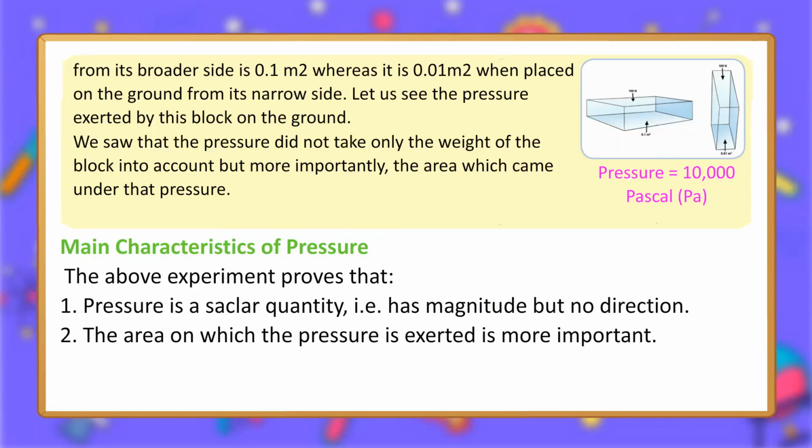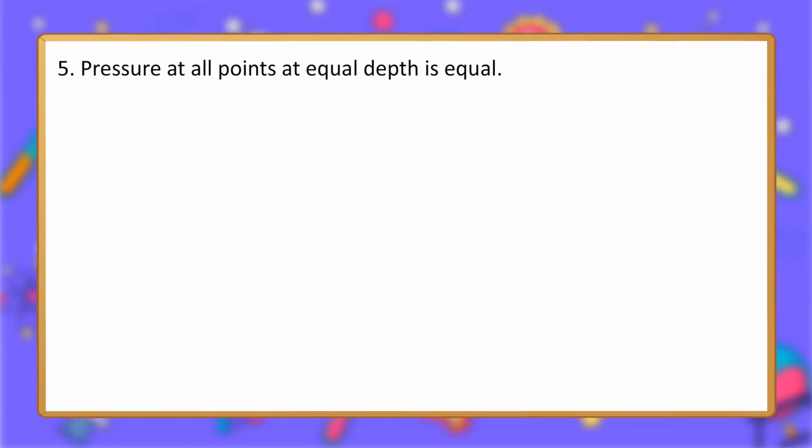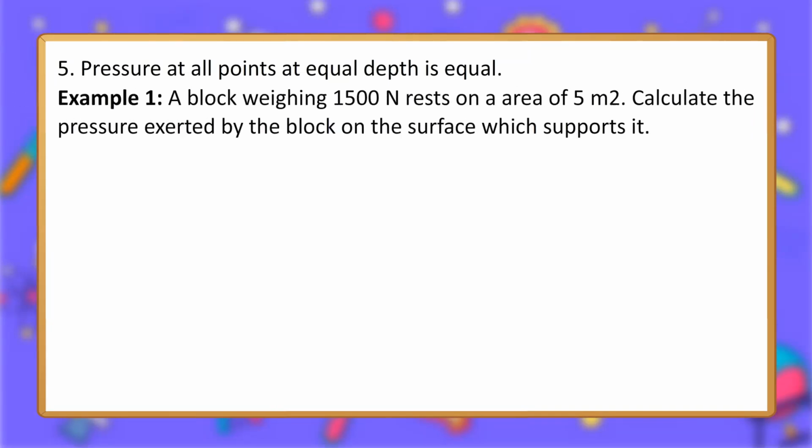Using P equals F upon A, P equals 19.6 N upon 4 multiplied by 10⁻⁴ m², equals 4.9 multiplied by 10⁴ N m⁻² equals 49,000 Pa.